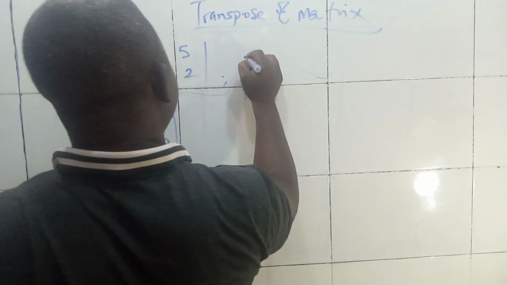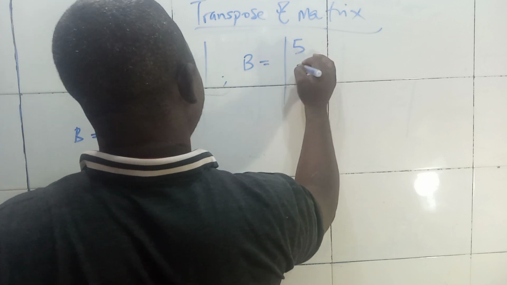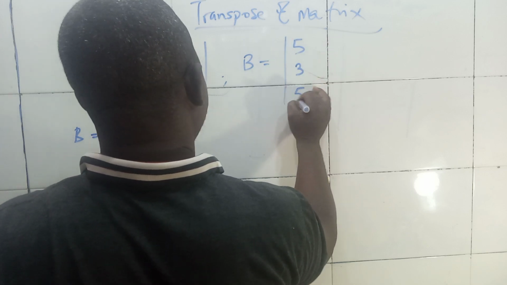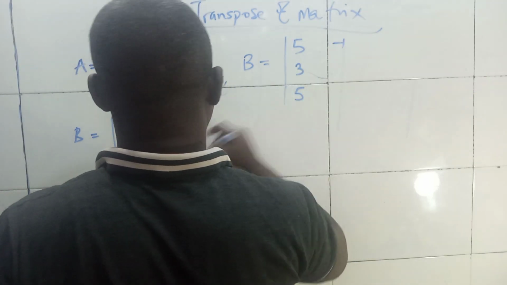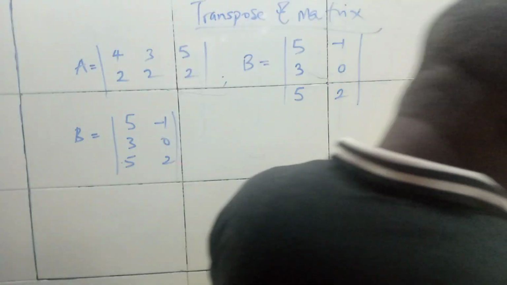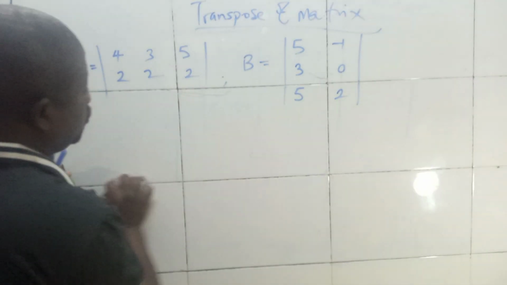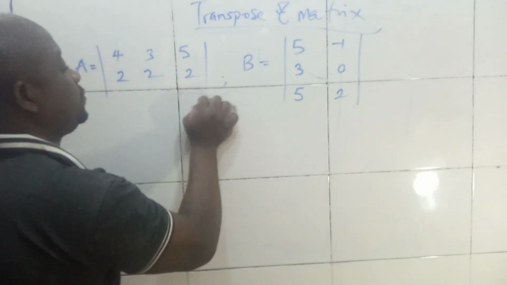This is matrix A. The matrix B is equal to 5, 3, 5, minus 1, 0, 2. So this is the question. I want to solve this.